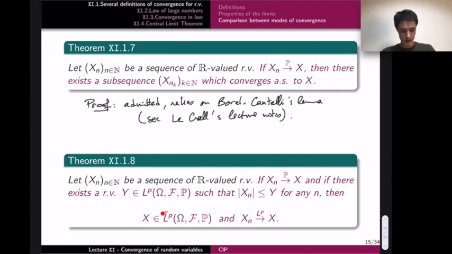First, X is in L^p, and Xn converges to X in L^p. I will prove this one. It's actually a nice consequence of the previous results. Again, it's a partial reciprocal to the previous result, where we told you that convergence in L^p implies convergence in probability.